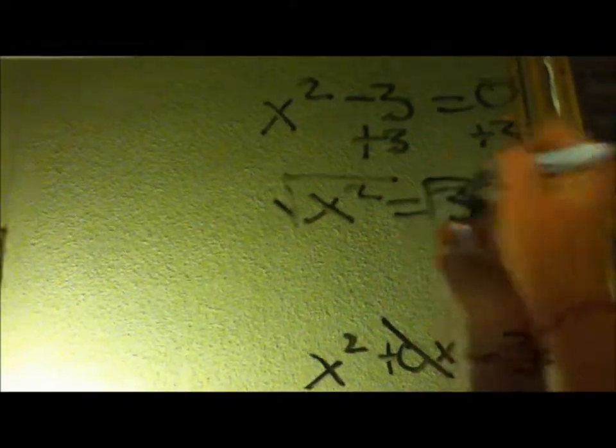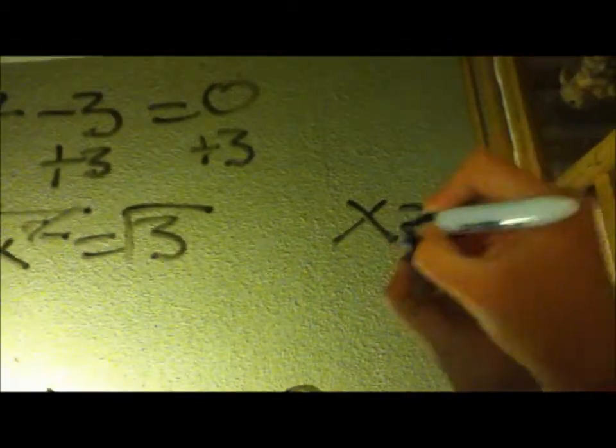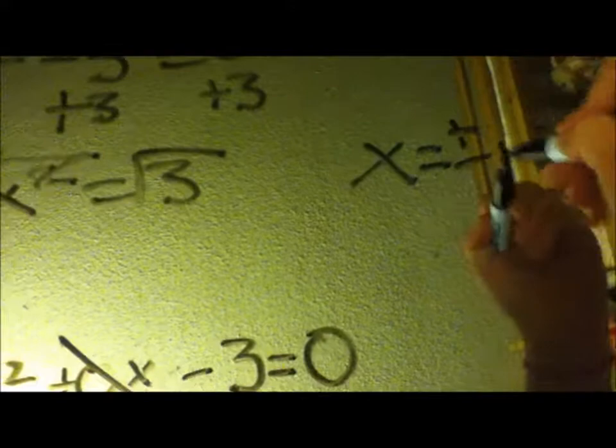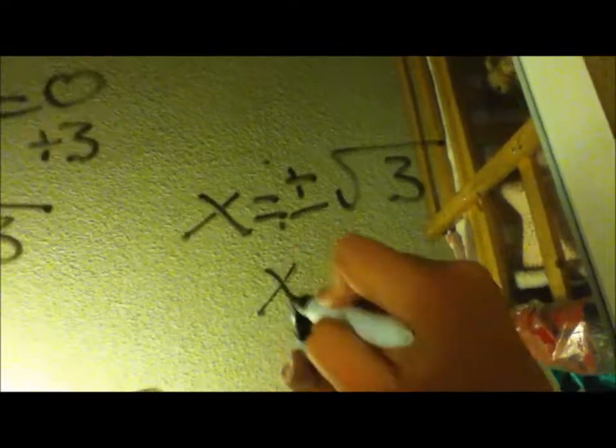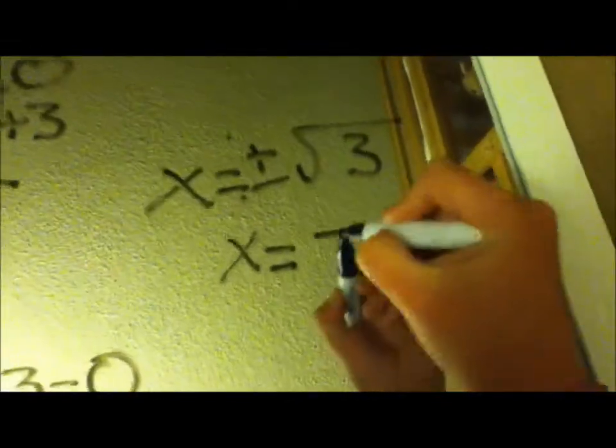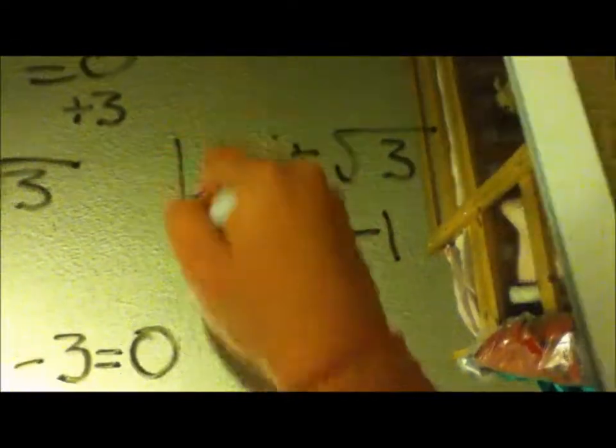Solve for x, find the square root, cancels, so you get x is equal to plus or minus the square root of 3. And this is 2 answers. And also x is equal to -1. And that's your answer.